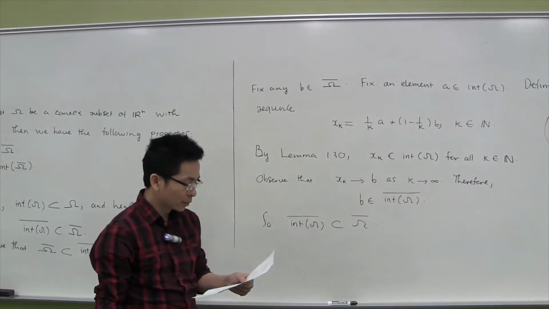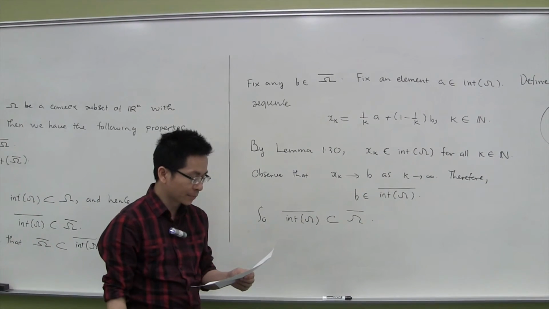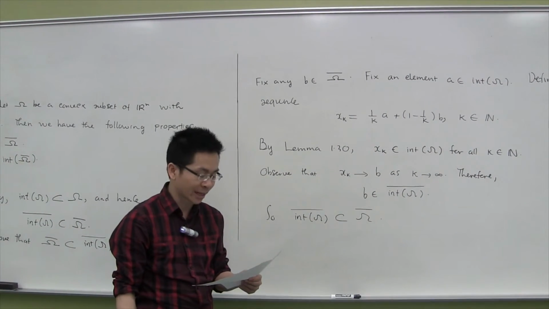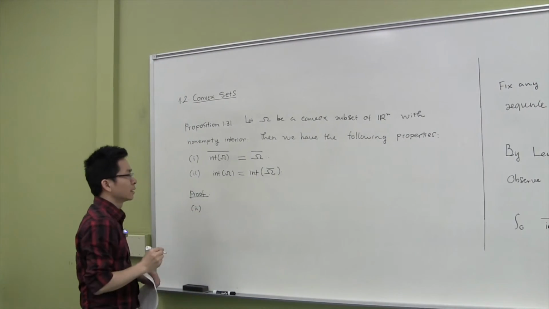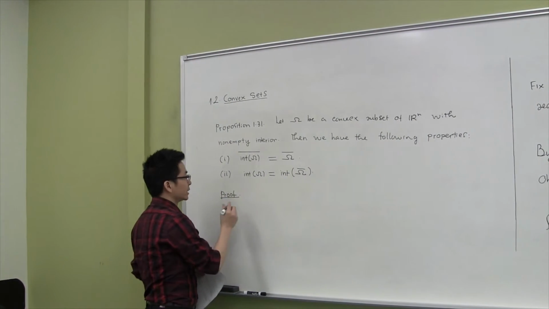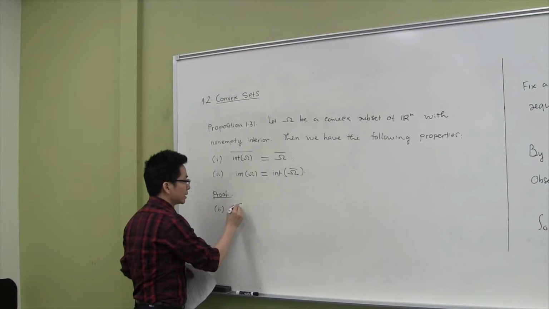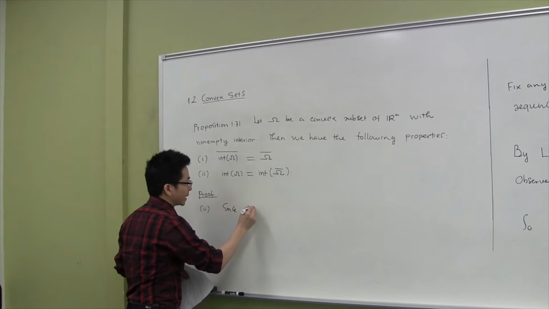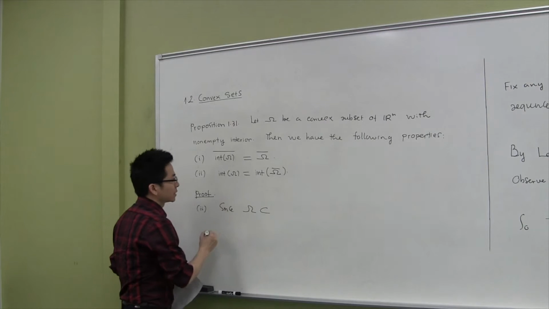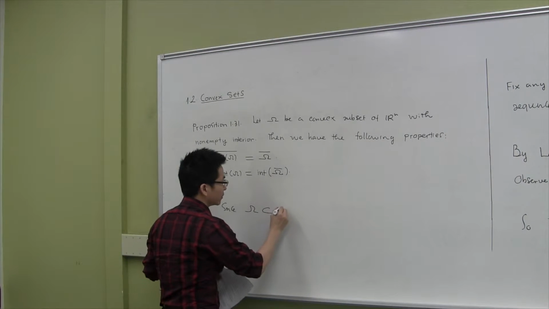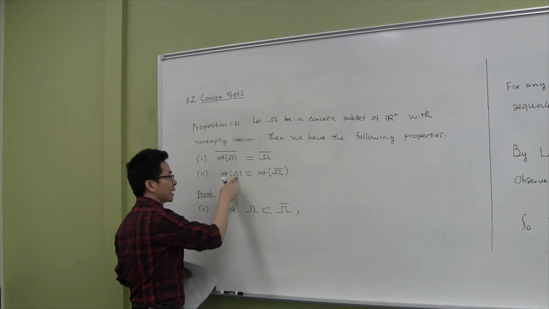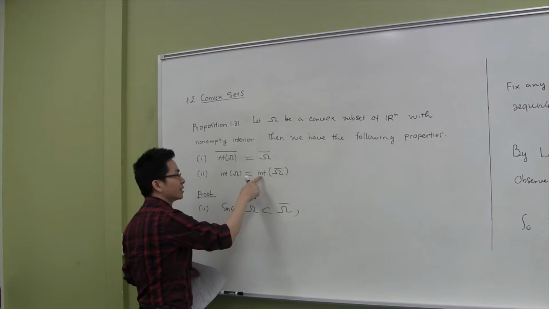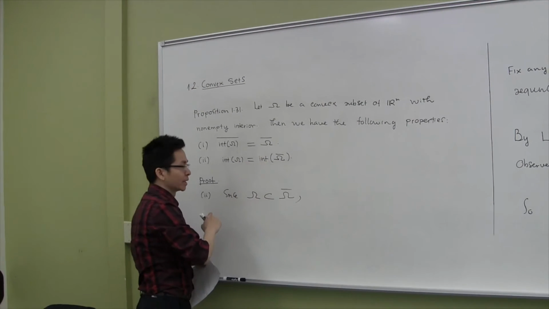Now we're gonna prove that the second property is also satisfied. First, we see that since omega is a subset of the closure of omega, if we take the interior of omega, we have a subset of the interior of the closure of omega.